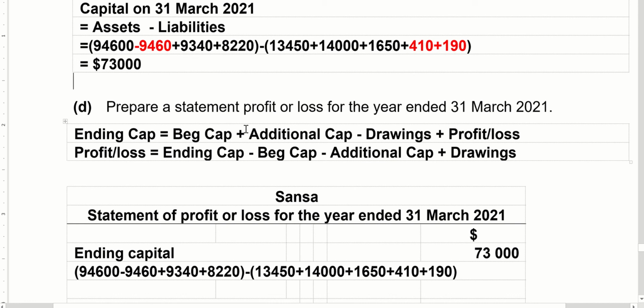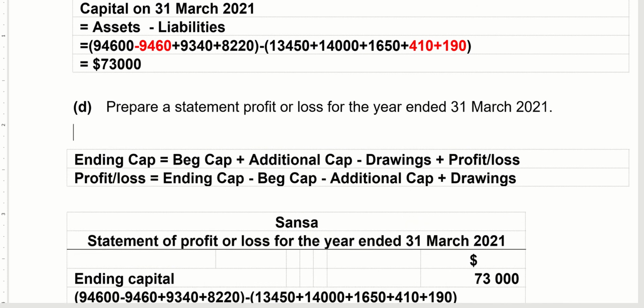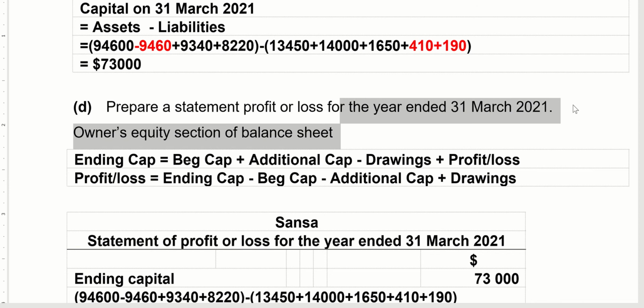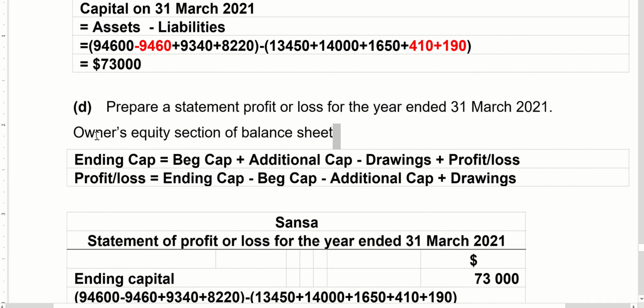So how do we prepare this statement of profit or loss? Let me help you recall how to prepare your balance sheet. For this, we have to remember how to prepare the owner's equity section of your balance sheet. In that section, you will remember the ending capital. How do you calculate ending capital?